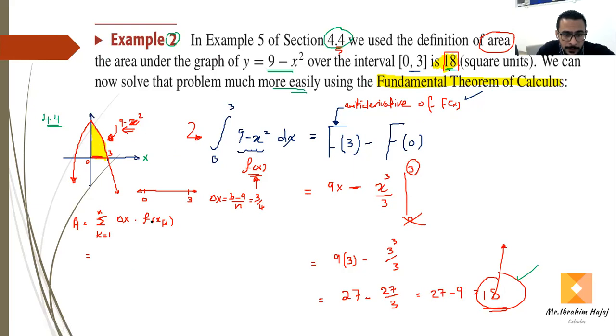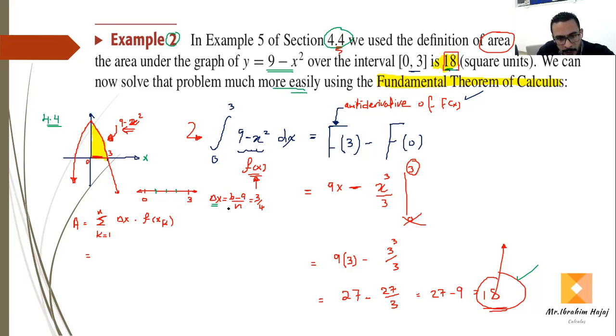Let me work this out now. Because the distance is between 0 and 3, we have to divide this distance between 0 and 3 into smaller rectangles, into 4 parts, for example 4 rectangles. Okay. The rule used here represents delta x, which is the width of each subinterval, meaning the distance between each number and the successive number.